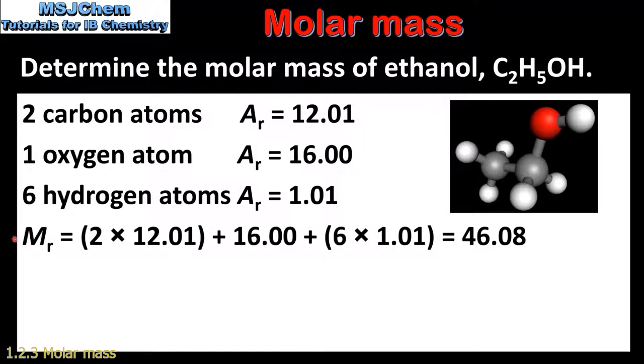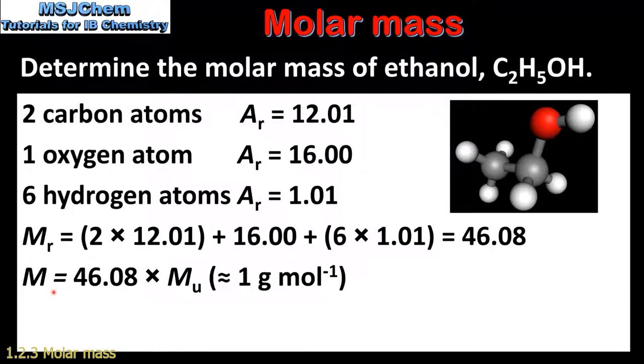First, we'll calculate the relative molecular mass of ethanol, which is 2 times 12.01 plus 16 plus 6 times 1.01, which gives us a relative molecular mass of 46.08. Because this is the relative molecular mass, it has no units.